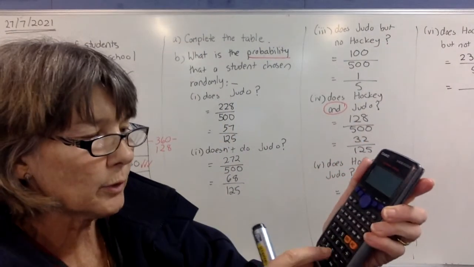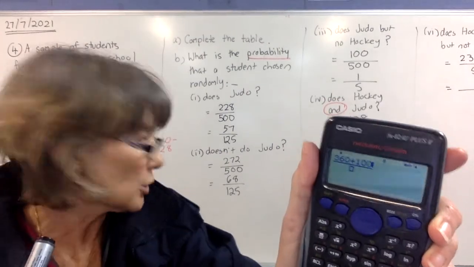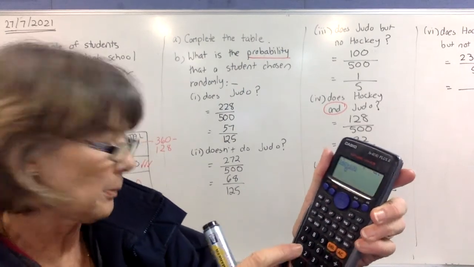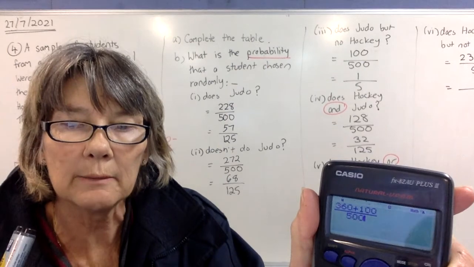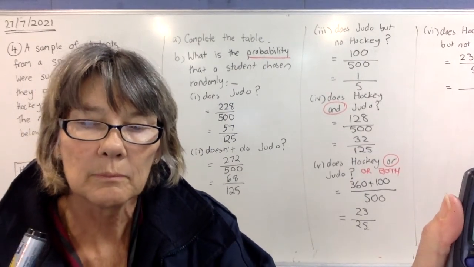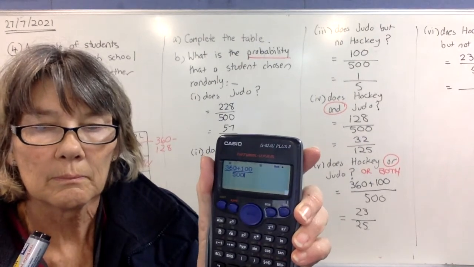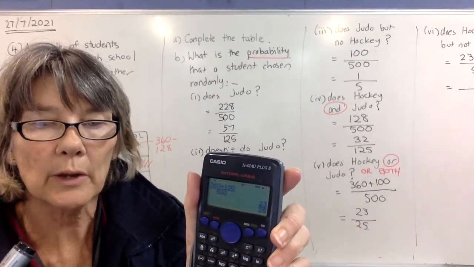You can press 360 plus 100 on the top of the fraction like that if you want to. Just go down arrow and press your 500 on the bottom. As long as it looks like your working line, then you just press equals and you'll get 23 over 25.